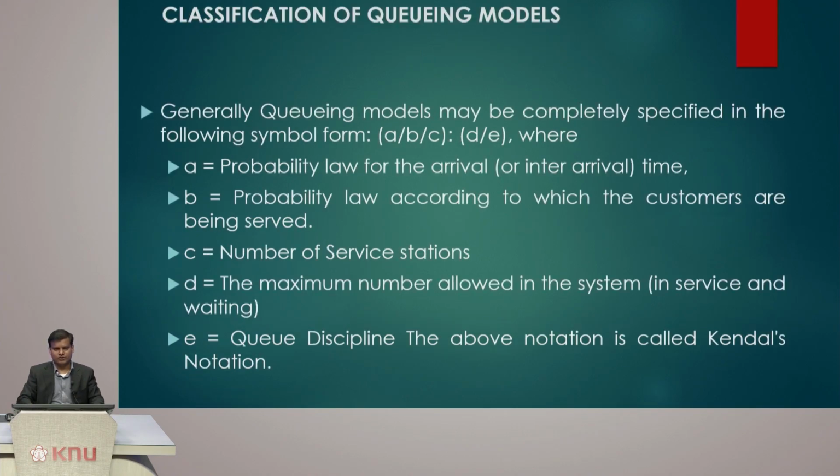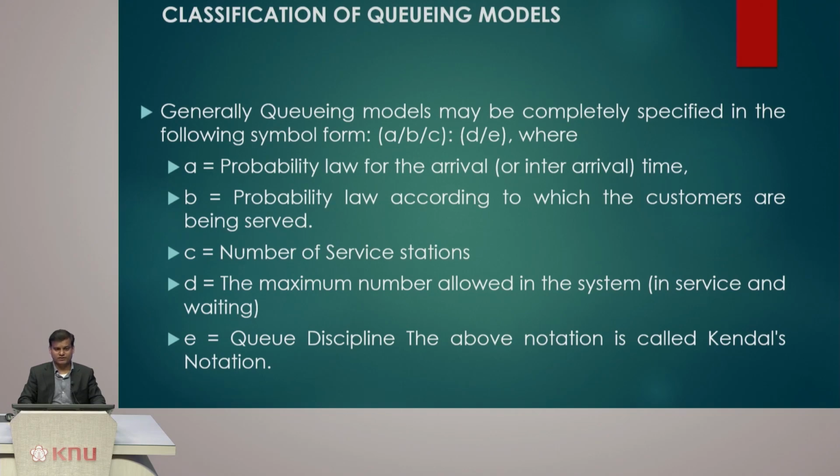The queue classification can also be performed with this particular queuing model system. So, we have A slash B slash C colon D slash E, where A means the probability law for arrival or inter-arrival time, and B means the probability law according to which the customers are served.